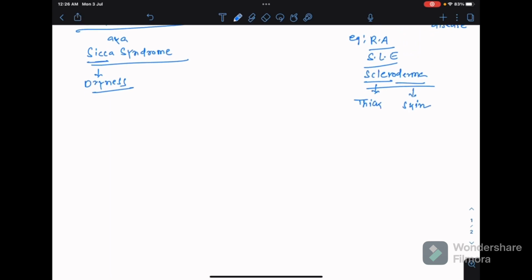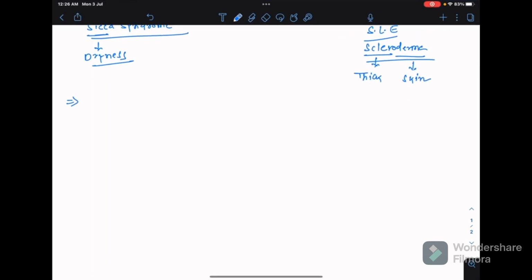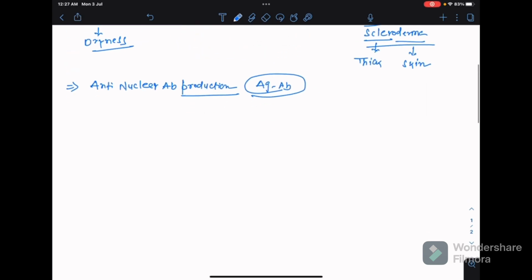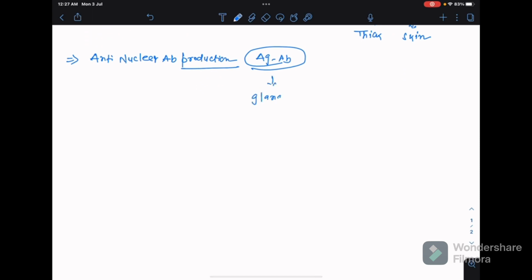So what happens basically in Sjogren syndrome, there occurs anti-nuclear antibody production. So an antigen antibody reaction is taking place, and the gland is infiltrated with plenty of lymphocytes.